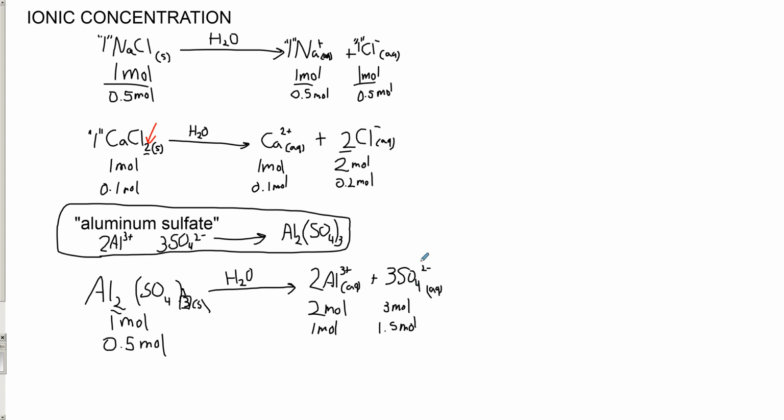They're all separate now. That's what the numbers in front mean, separate copies. So you don't want to put the 3 down here, and you don't want to put the 2 down here. You put it in front. That tells you how many separate aluminums and how many separate sulfates you have.